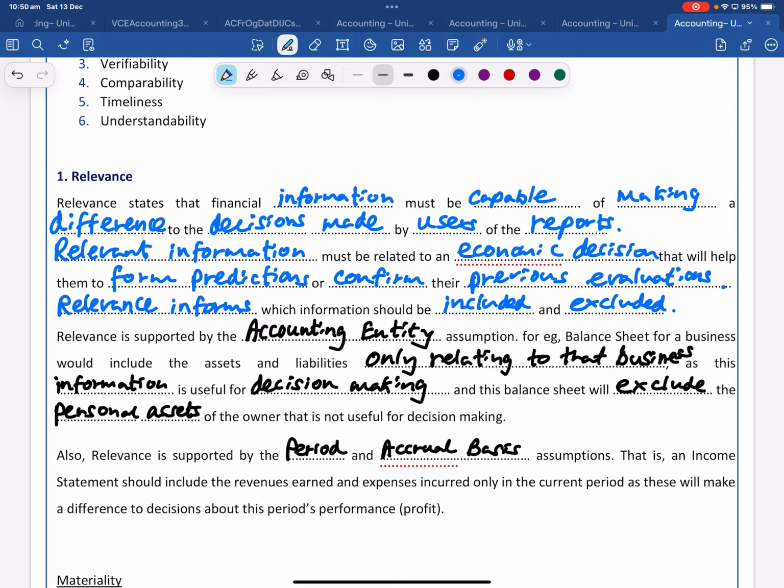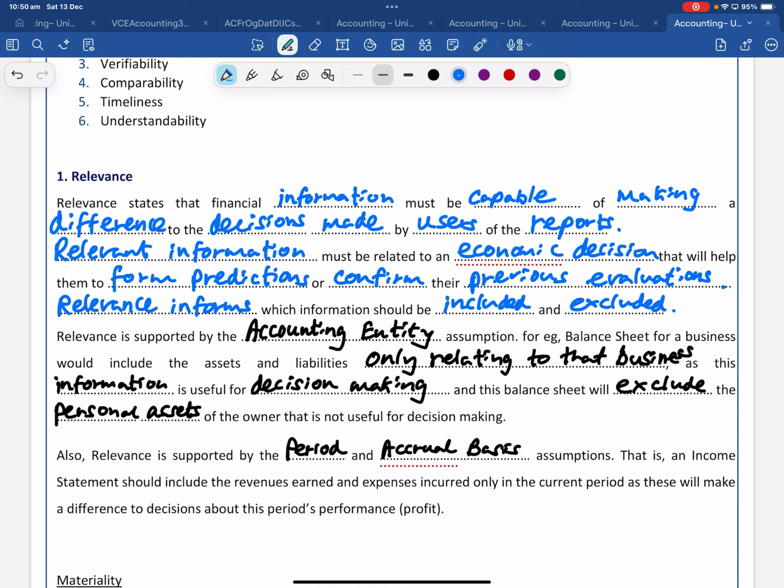Why do we do that? To make sure that we have included only the information that is useful for the business. If we have mixed it up, then it's not going to be useful for the business, right? So investors would think, this business has a lot of assets, but it is wrong. Why? Because they have included the owner's personal assets as well.